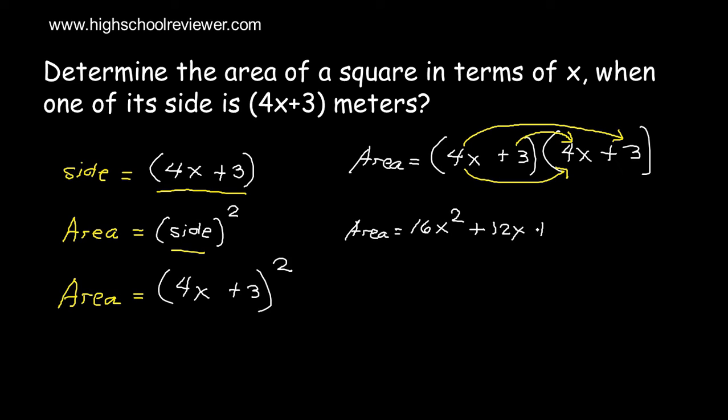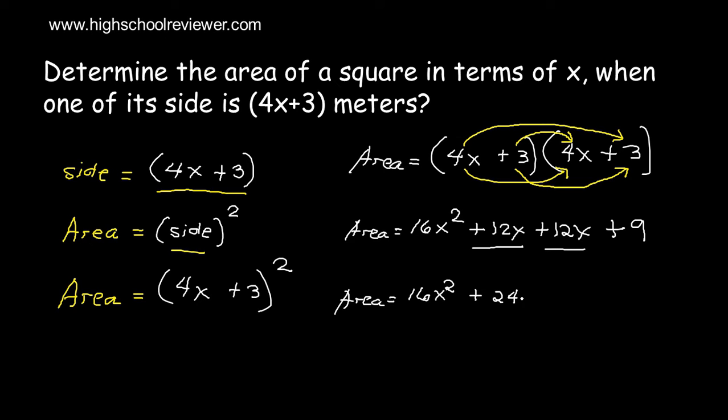And this will give us positive 12x. And lastly, we multiply positive 3 to positive 3. And this will give us positive 9. Our area now will be equal to 16x squared, and then we have here plus 12x plus 12x. This will give us plus 24x plus 9. And since our answer is in terms of x, therefore 16x squared plus 24x plus 9 is our final answer.